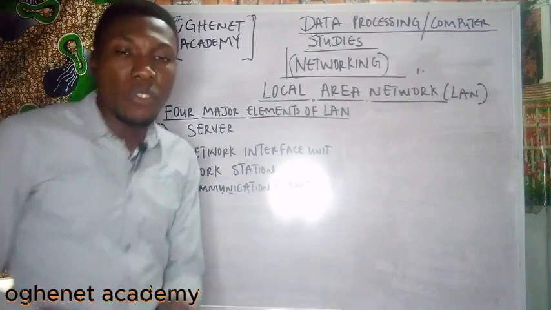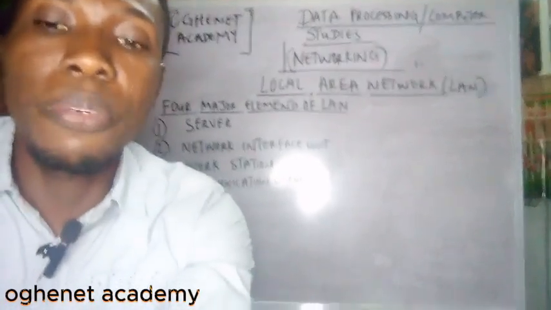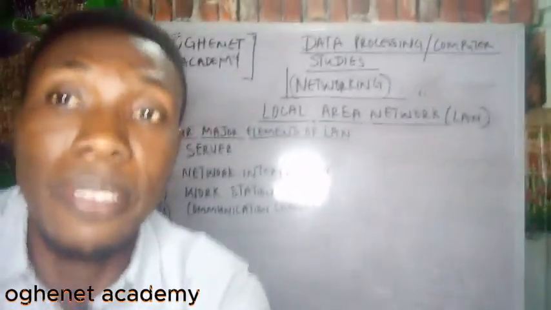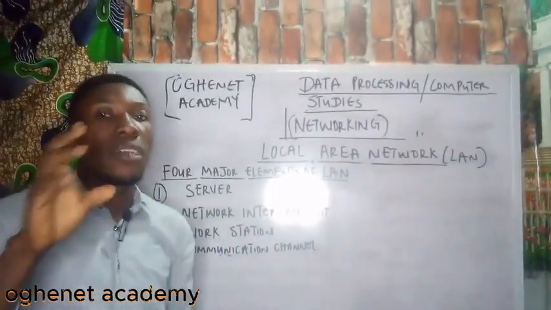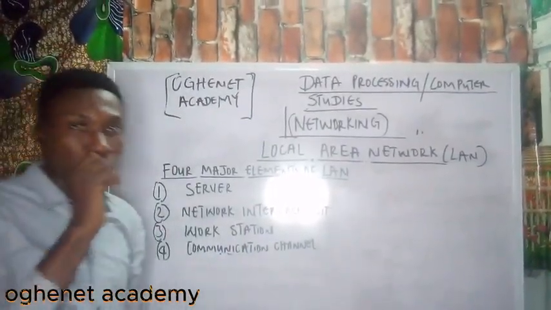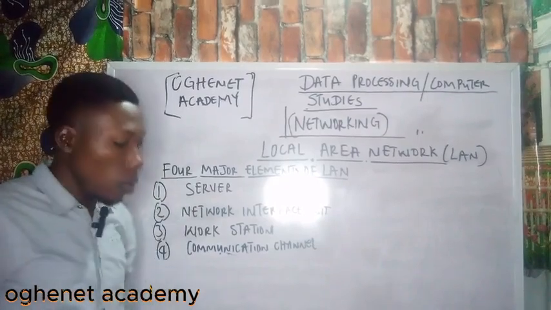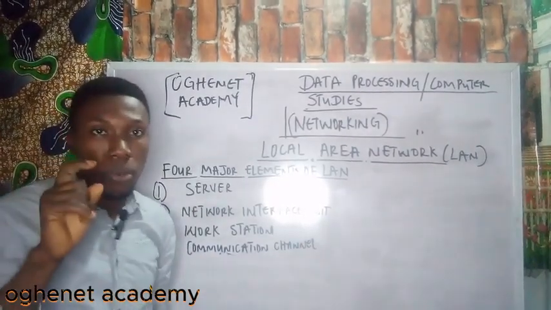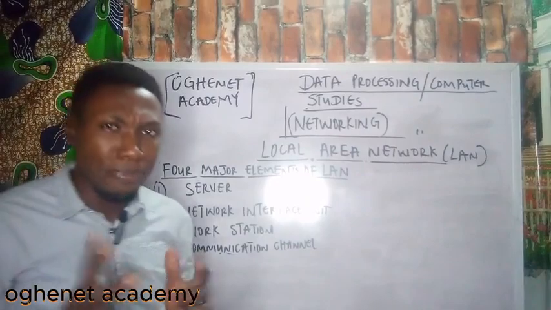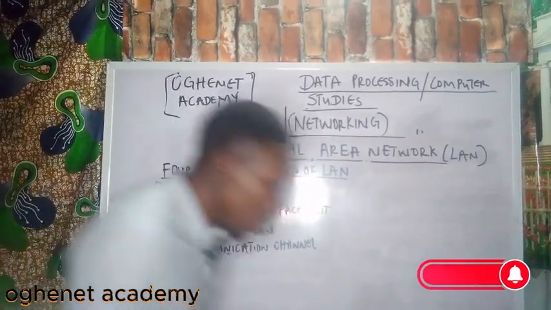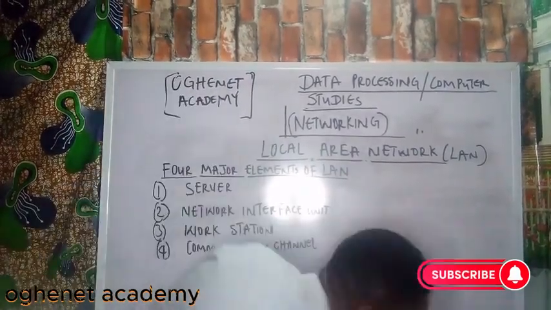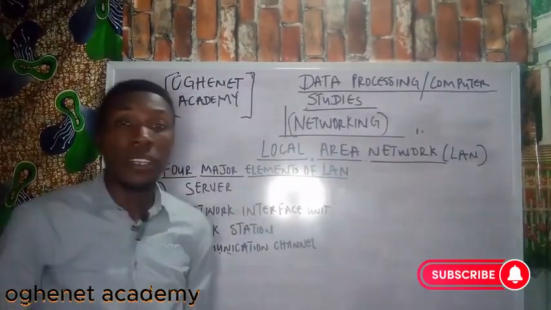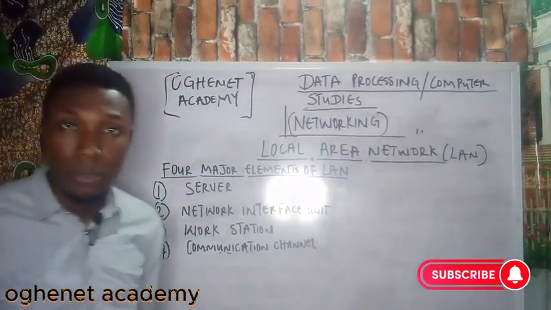All right. So now, let me adjust my camera a little bit again. This should be the second time I'm doing this, just to ensure that you get a very good view of what I am going to write. All right. Now, the communication channel is nothing but the cables.